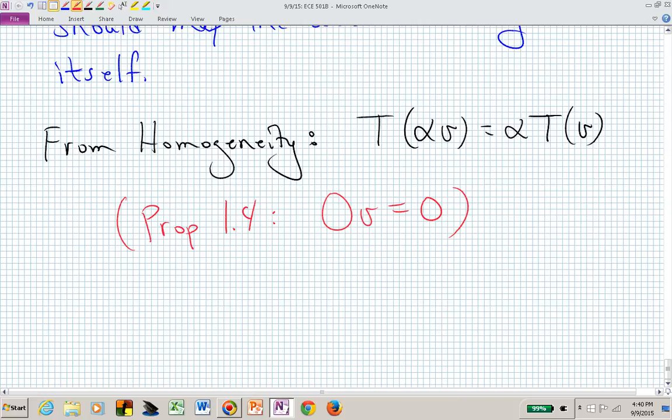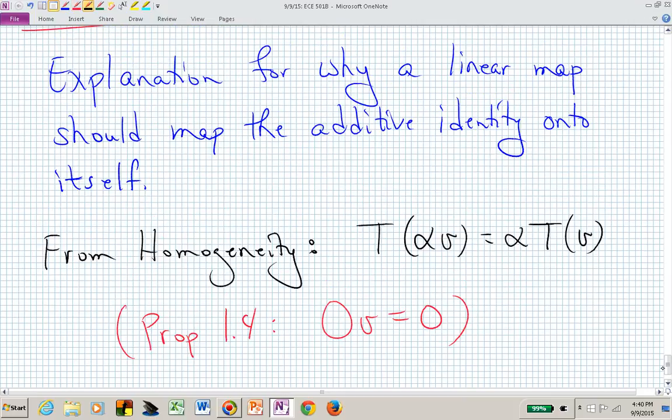Now let's apply that in general to the homogeneity property, to justify why we can say that the linear map needs to map the additive identity back into itself. Why does T of 0 equal 0 for a linear map, essentially?